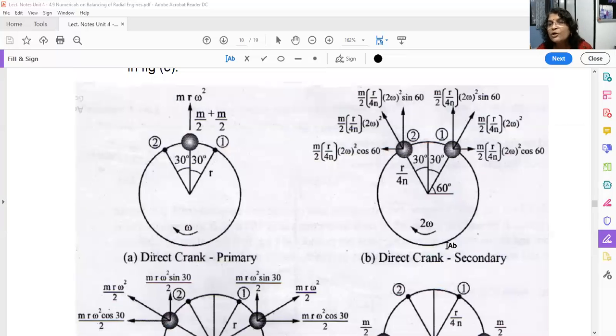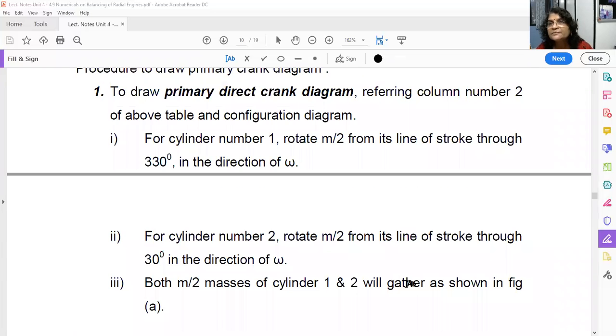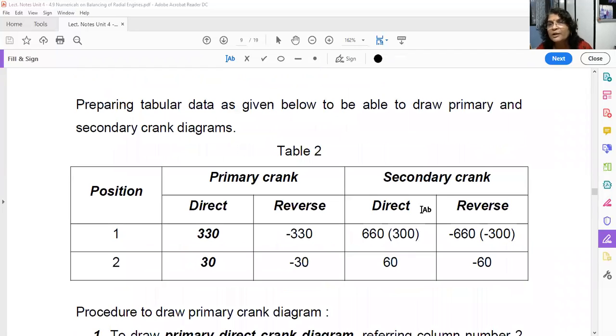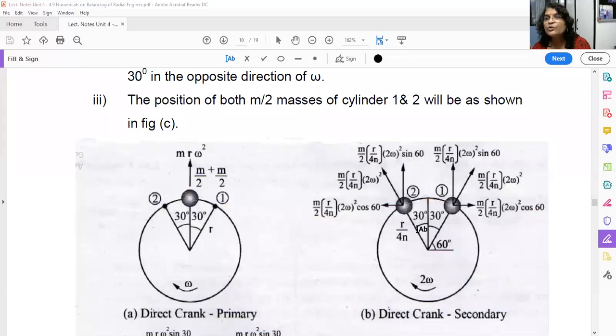Now let us draw this secondary direct crank diagram. Okay. By what angle we should rotate? Refer column number 4. So you have to rotate cylinder number 1 by 300 degree and cylinder number 2 by 60 degree in the direction of omega. So see, your cylinder number 1 is here and cylinder number 2 is here.